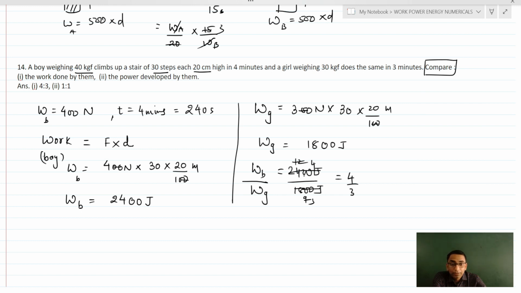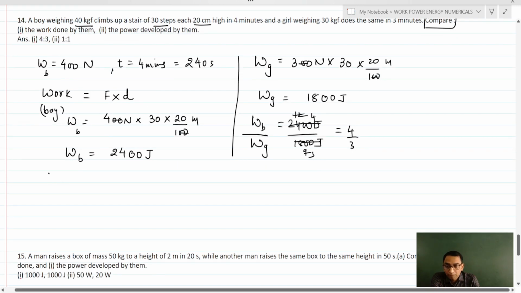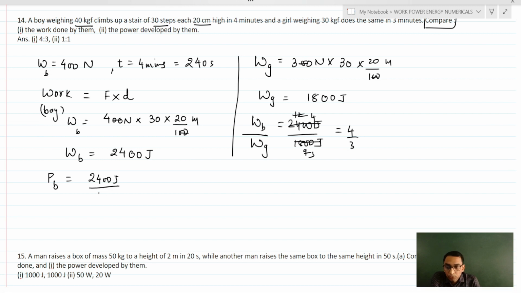Now the power developed. Let us find out the ratio of the power. Power by the boy is equal to 2400 joule divided by how many minutes? 4 minutes. Oh, I should not have converted this into seconds. That's totally fine. 4 minutes. You will understand why. Power by the girl is equal to 1800 joules divided by how many minutes? 3 minutes.